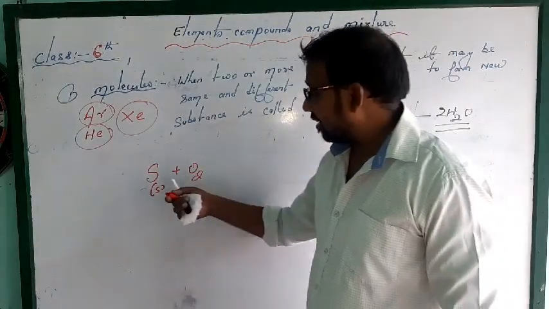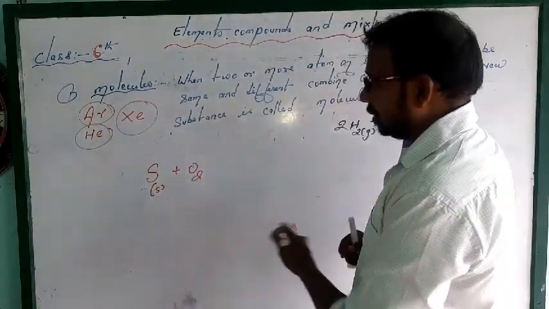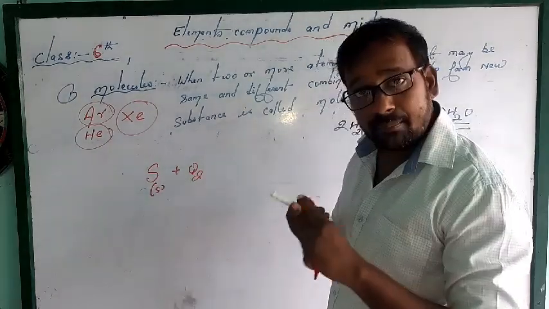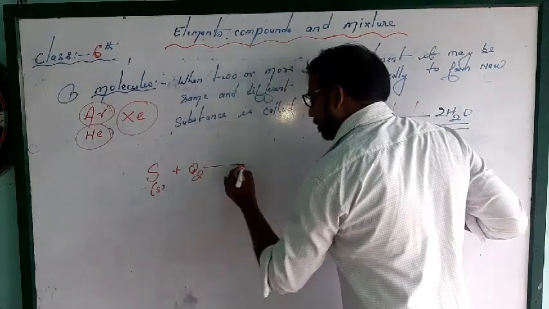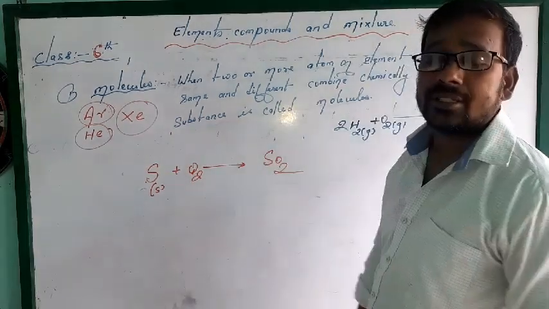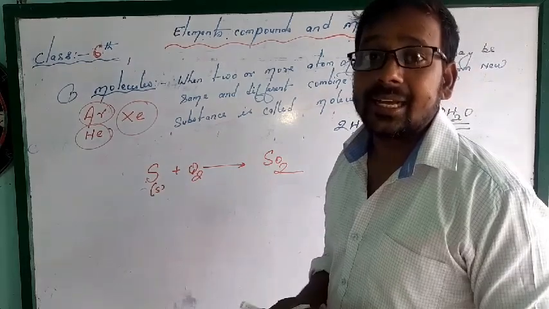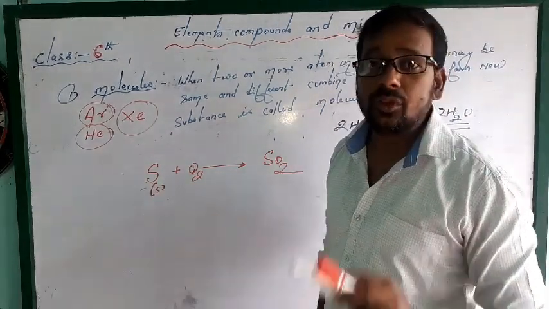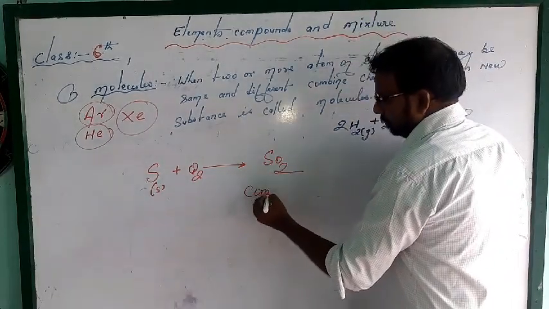You will not say S is a molecule; it is an atom of an element, present in singular form. But O2 is a molecule where two atoms of oxygen combine chemically. And when this molecule and this atom combine, what is formed? SO2, sulfur dioxide. You can say this is a molecule, and you can also say that this is a compound, because it is made up of two different elements. So this is a compound.